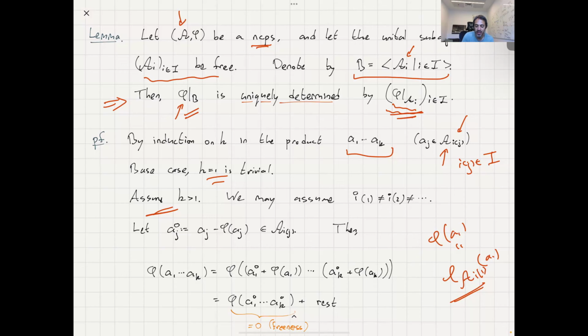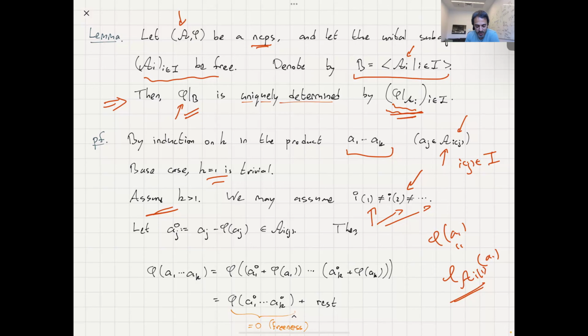But we can't assume that things are centered, right? Because maybe a_1 is not centered. If all of them are centered, the product is zero. So actually, we are going to use that in order to figure out a formula for phi of a_1 up to a_k. And the way to do so is to actually center the a_i's, or a_j's.